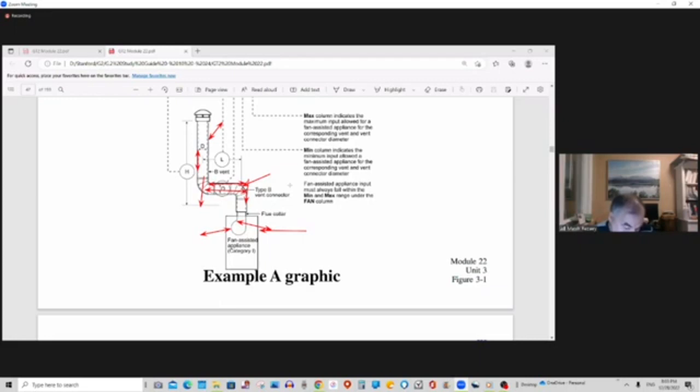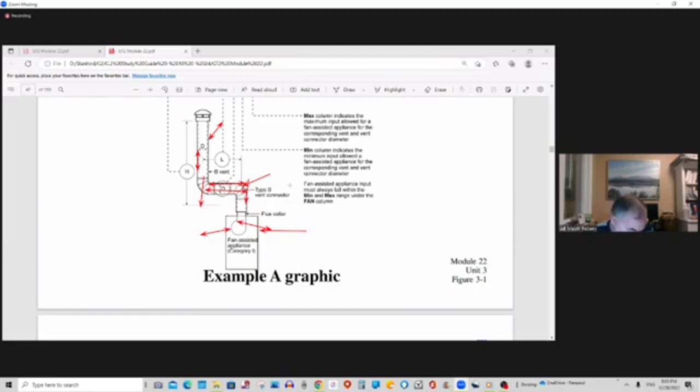Again, I have one appliance, Category 1, draft control, capacity 70,000, height 8, lateral 2. The structure complies with 8.2.1 A and B. Everybody please write in the chat.